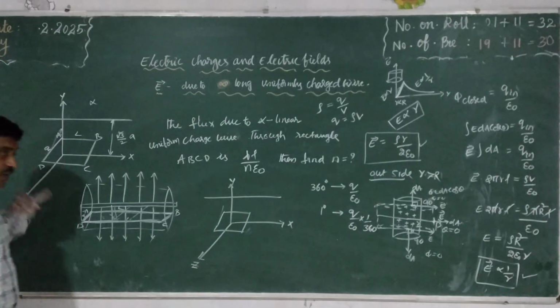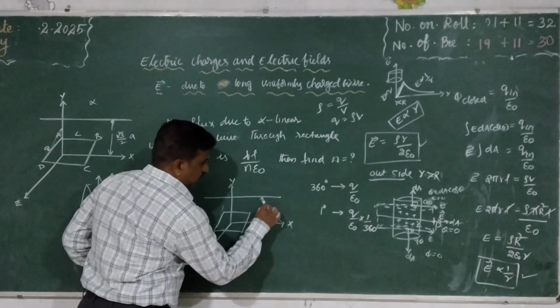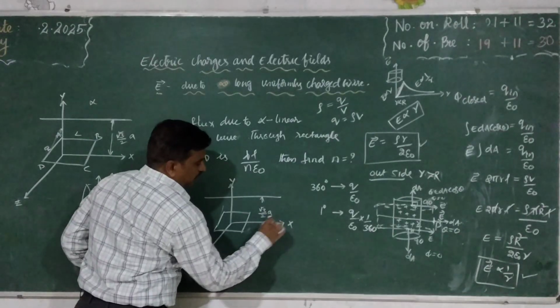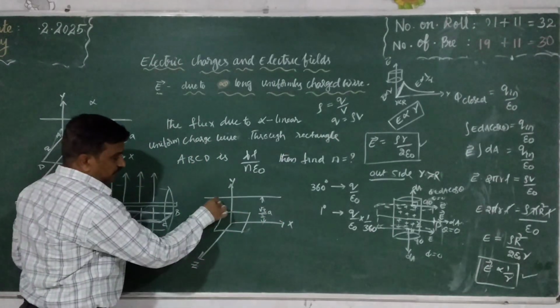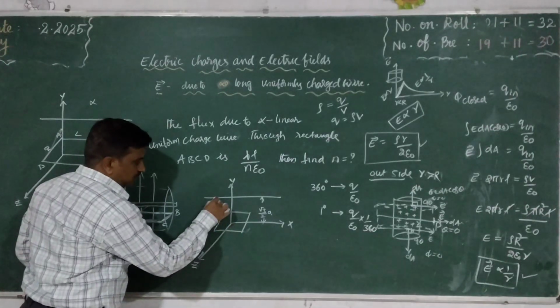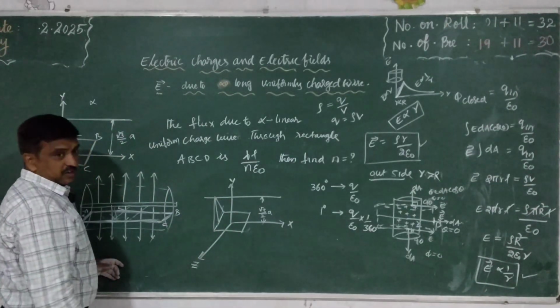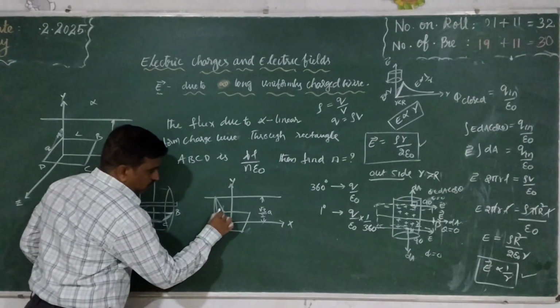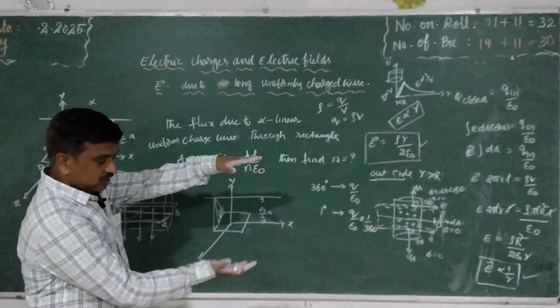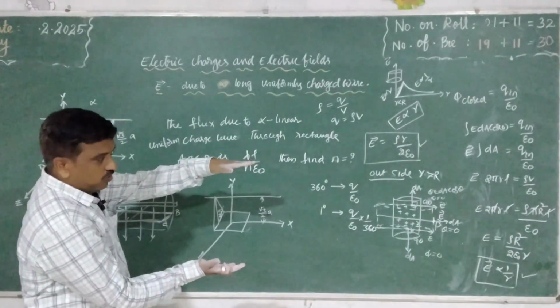For that, see here, this distance is √3 by 2 a. The electric field lines pass like this. From here to here the length is √3 by 2 a, because this is the wire and this is the rectangle ABCD, and this is the distance between them.